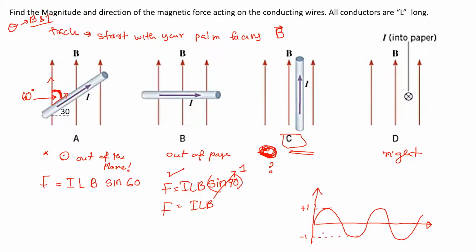So the sine always varies between plus 1 and negative 1. Okay. So at 90, it is 1. Let's see what is happening in this one. So what is the angle between B and I in the third one? What is your theta? What is theta?